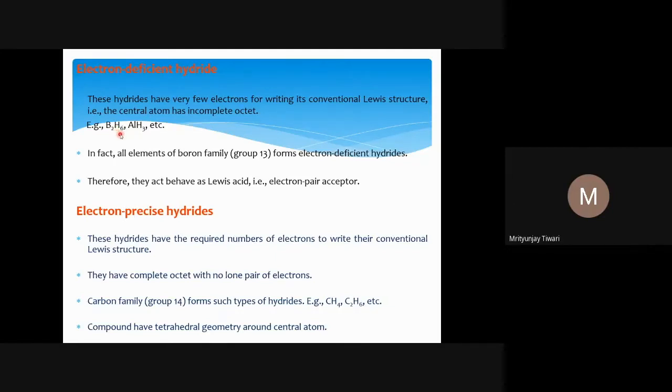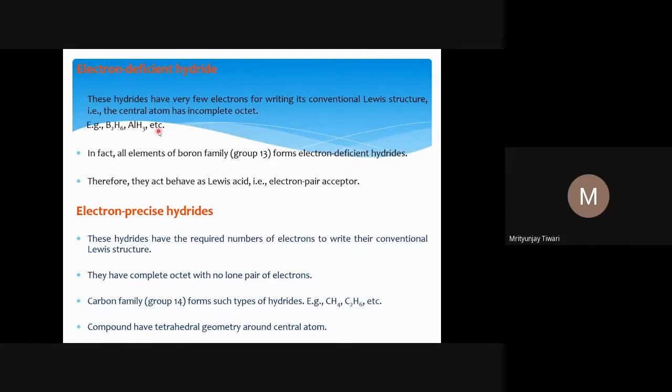B2H6, though it is mostly BH3, is a dimer of BH3. Two BH3 molecules come together to form a dimer. Why do they come closer to form a dimer? Because the octet of boron in BH3 is not complete. To somehow compensate for that, it forms a dimer.